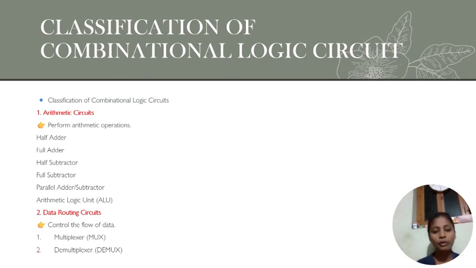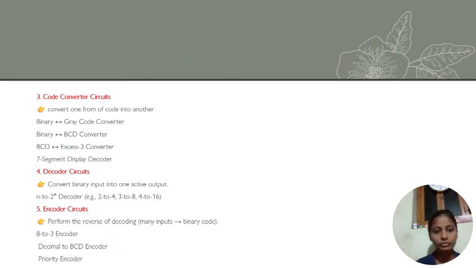And second one, data routing circuits. Data routing circuits control the flow of data, that is multiplexer and demultiplexer. Third one, code converter circuits.